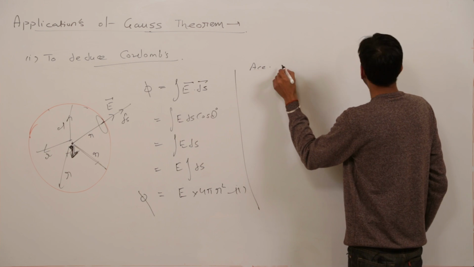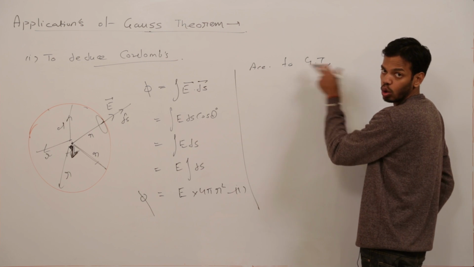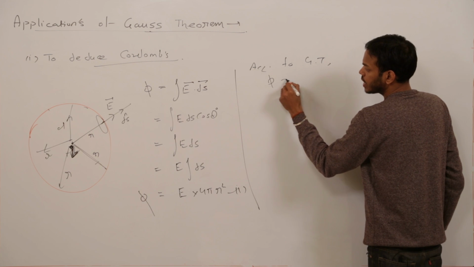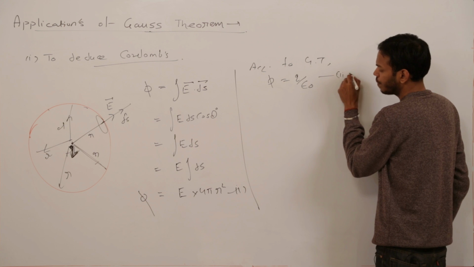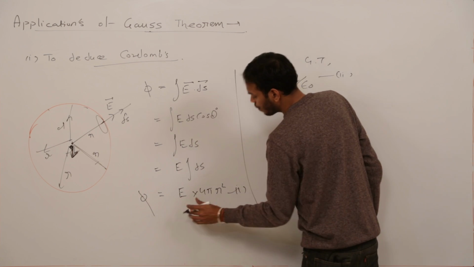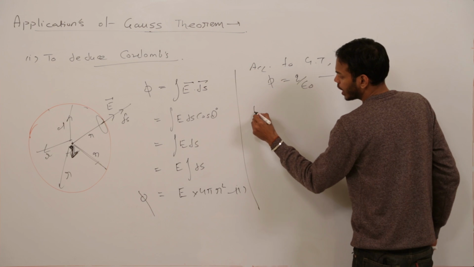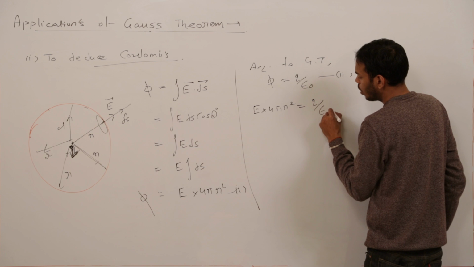According to Gauss theorem, and don't write GT, please write the complete Gauss theorem, flux is equal to q upon epsilon naught. This is our equation 2. From equation 1 and equation 2, both these equations are for the flux. So what will you get? E into 4 pi r square is equal to q upon epsilon naught.